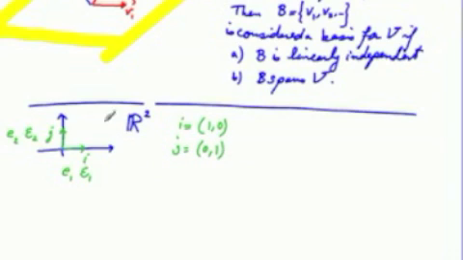First of all, any vector in this space can be built out of them, and the nice thing about this is that it's very easy. Suppose I had a vector, say 7 and 5. How can you build 7, 5 out of I and J?